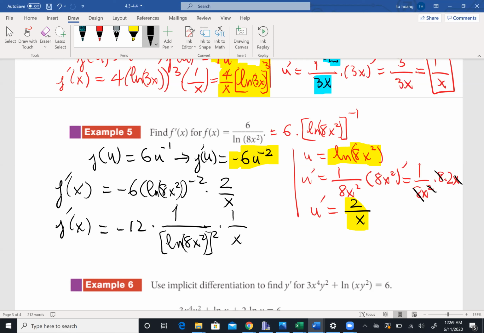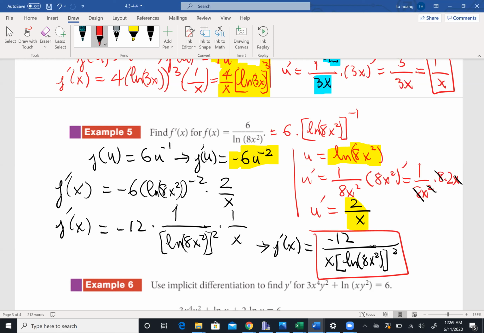And if I want to simplify one more time, I will get f prime of x equal to -12 on the top, and the bottom has to be x times ln of 8x squared, everything squared. And this should be the answer of this example 5.